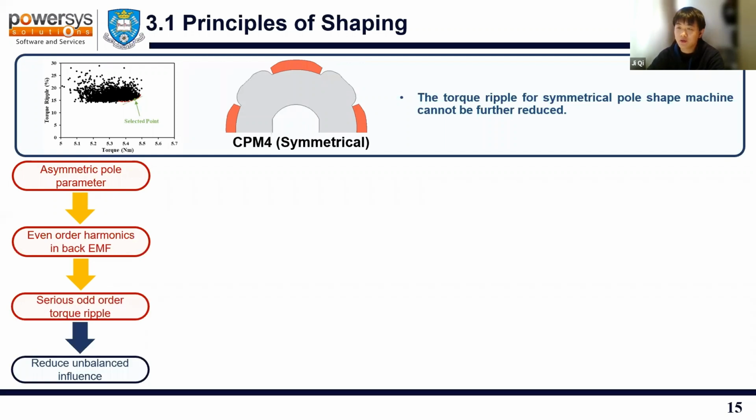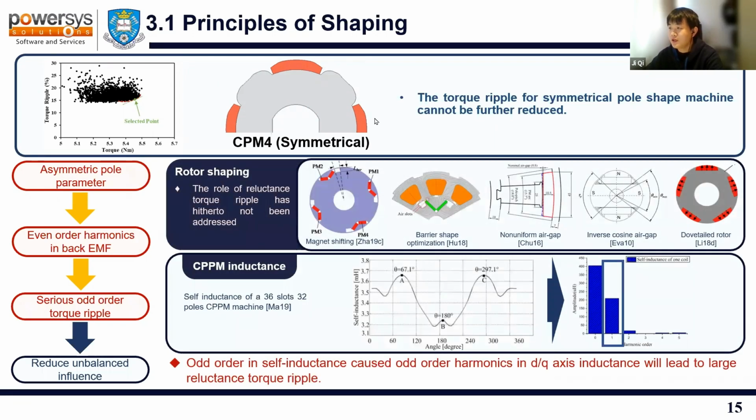It is commonly agreed that asymmetric pole parameters will cause even order harmonics in back EMF, and this will lead to serious odd order torque ripple. However, in all of these papers, the role of reluctance torque ripple has hitherto not been addressed.